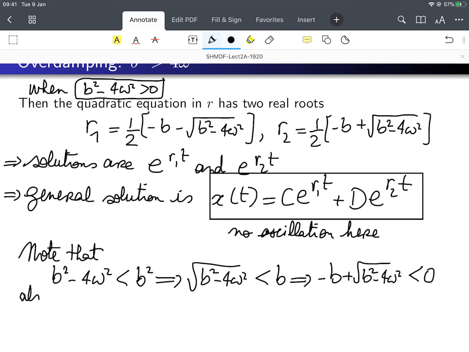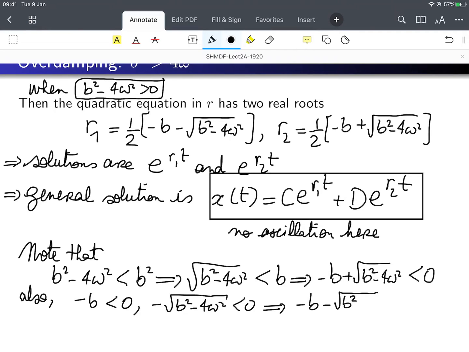Also, b is positive, so minus b is negative. Minus square root of b squared minus 4 omega squared is also a negative number. So that tells me that minus b, a negative number, minus the square root of b squared minus 4 omega squared, another negative number, must be negative.